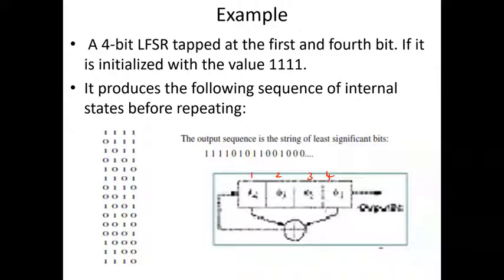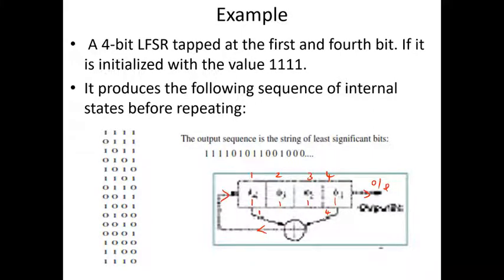You see bit 4 and bit 1 are used, and the feedback is coming here from the XOR gate, and this is the output. So you can just see the sequences. The initial value is also important. Say I had initialized this with all ones. Can you write the next numbers in the sequence?